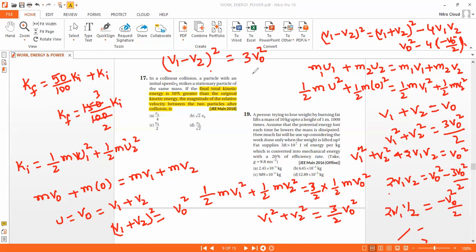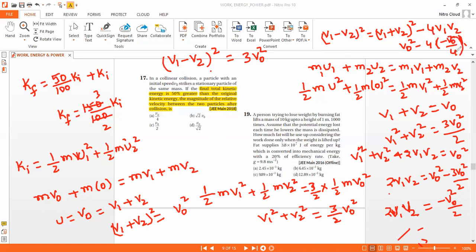Once see this calculation, 2v1 v2. Here only we made a mistake. 2v1 v2 is equal to minus v0 square, so this one it is minus v0 square by 4.